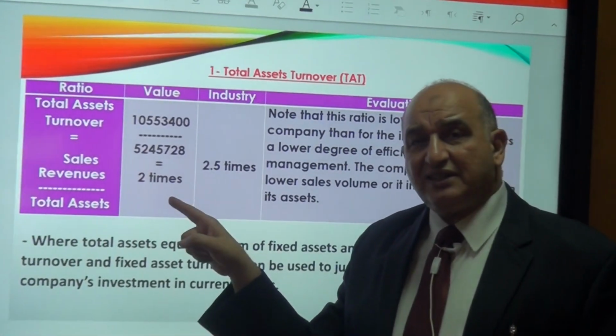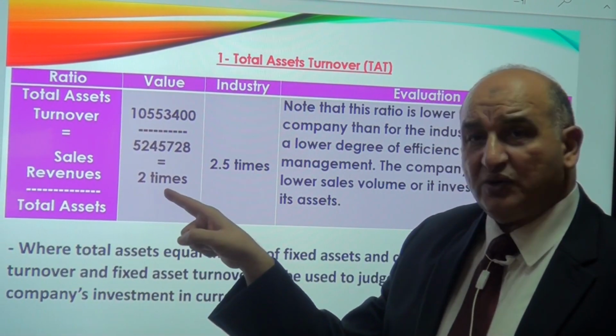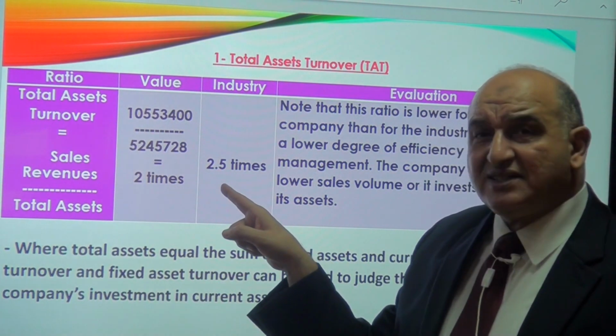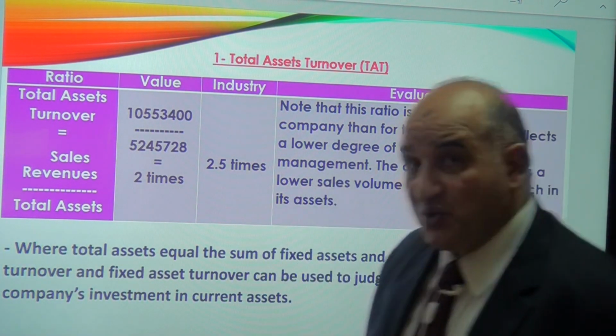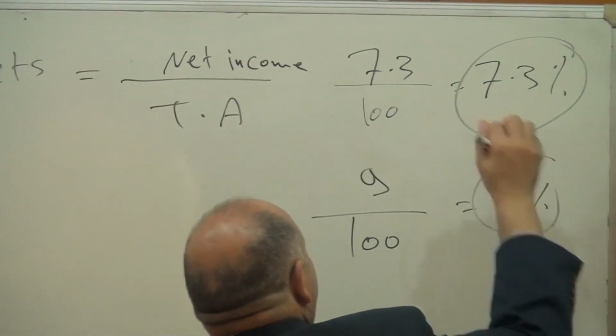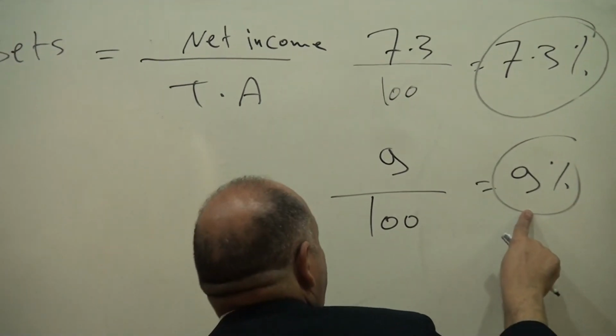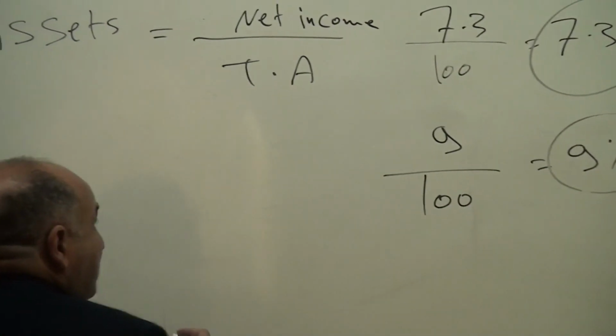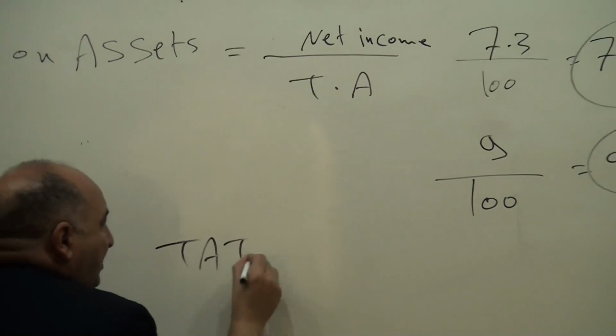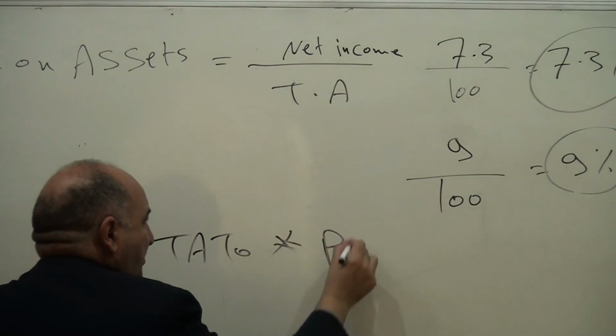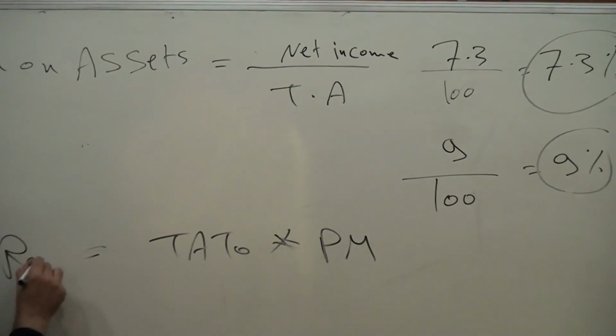Our total asset turnover is 2, and the industry has 2.5. So this is why we have a return on assets of 7.3, and our competitors have 9%. Why? Because this is the 2 multiplied by profit margin, and this gives me ROA.